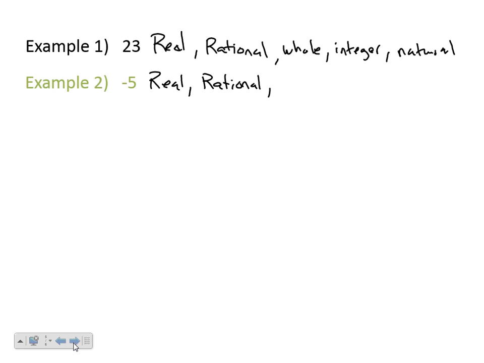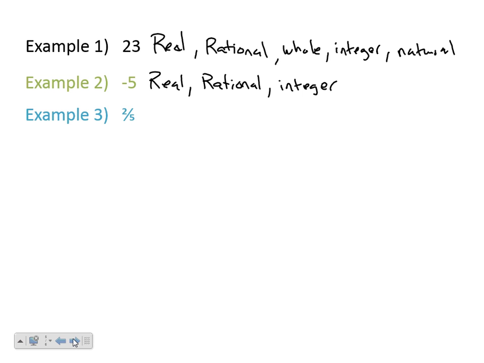My son Reed, you ask him about negative 5, he isn't going to have a clue what you're talking about. Kindergartners don't know negatives yet. Wholes are only positive. Is it an integer? Yeah. Remember, integers can be either positive or negative. Do you count to negative 5? 1, 2, 3, 4, 5, 6, 7, 8, negative 5. No. So this one only had 3.